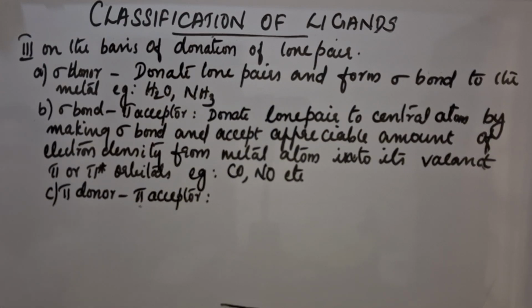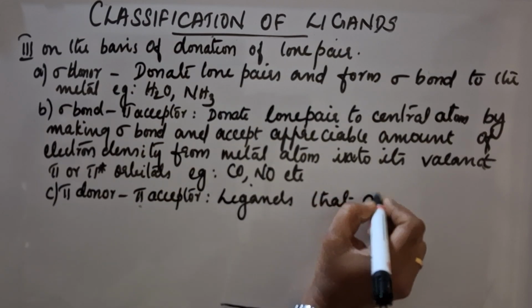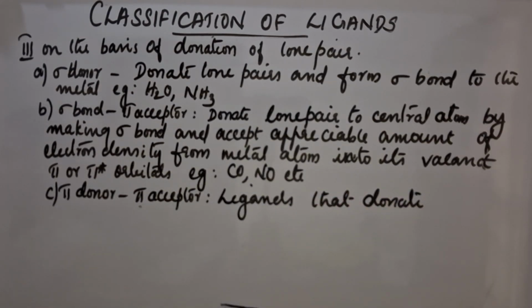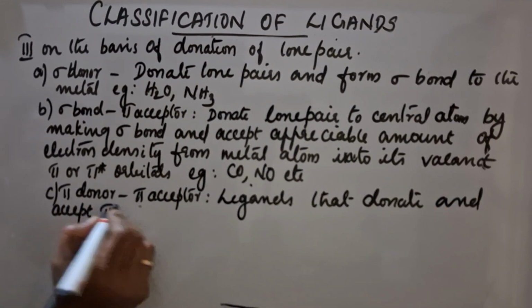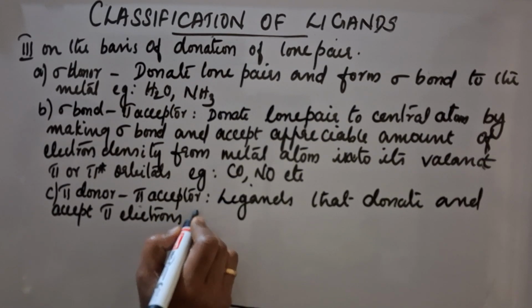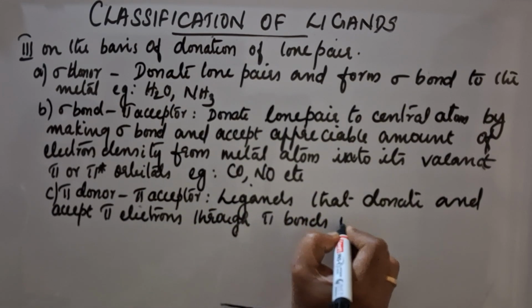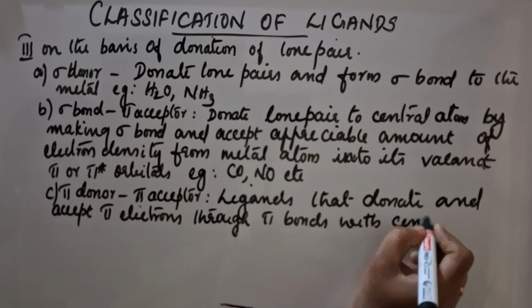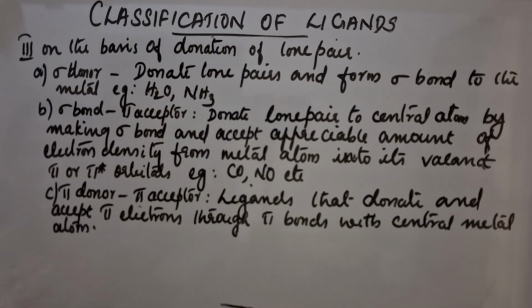Ligands that donate and accept pi electrons through pi bonds with the central metal atom or ion.